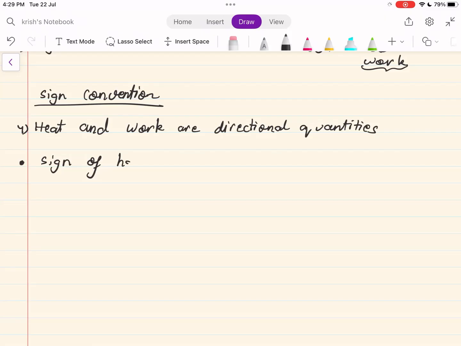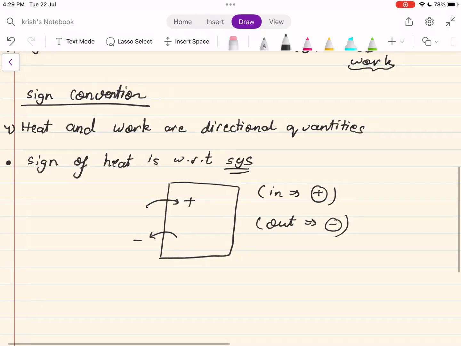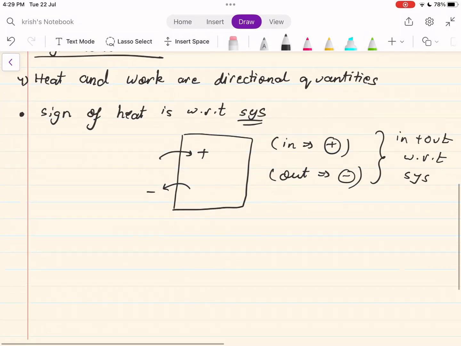Sign of heat is with respect to the system. That is, heat going into the system is positive, heat going out of the system is negative. In implies positive and out implies negative. And we are seeing in and out with respect to the system.